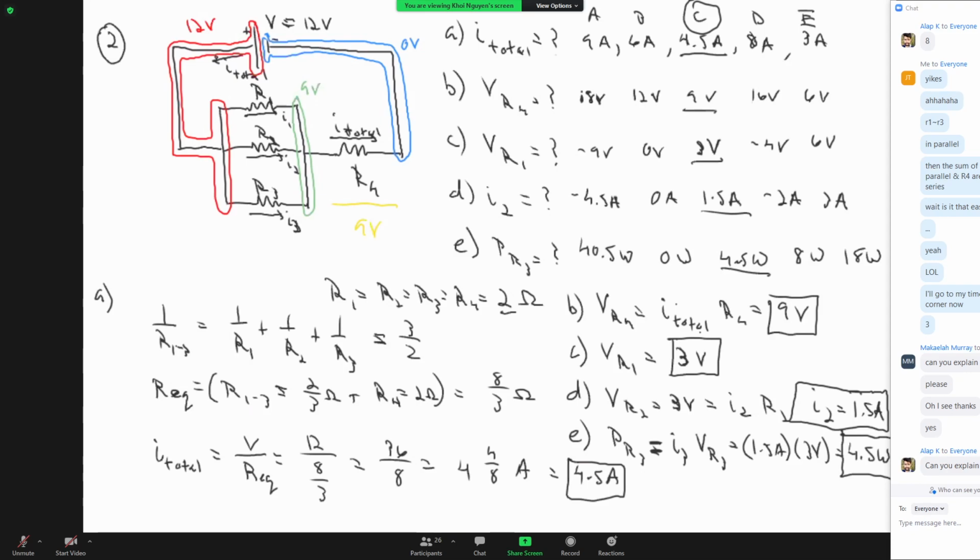Sure. What's I2? I2 we know is what we're trying to find. We know VR2. VR2 is 12 minus 9 is 3. We know R2 is 2 ohms. So 3 is equal to I2 times 2. 3 divided by 2 is 1.5.